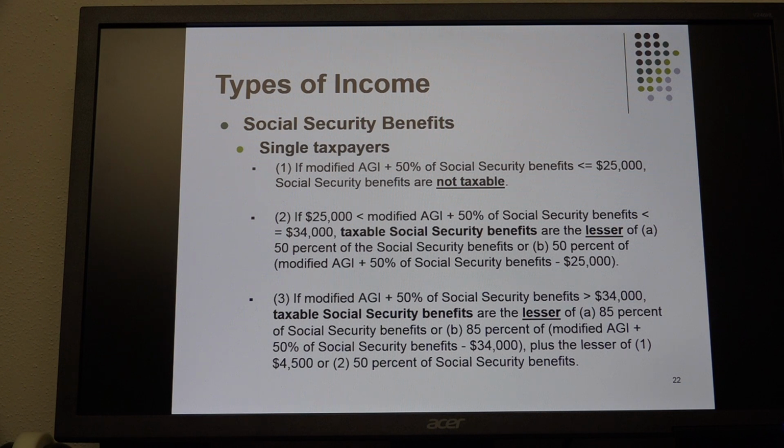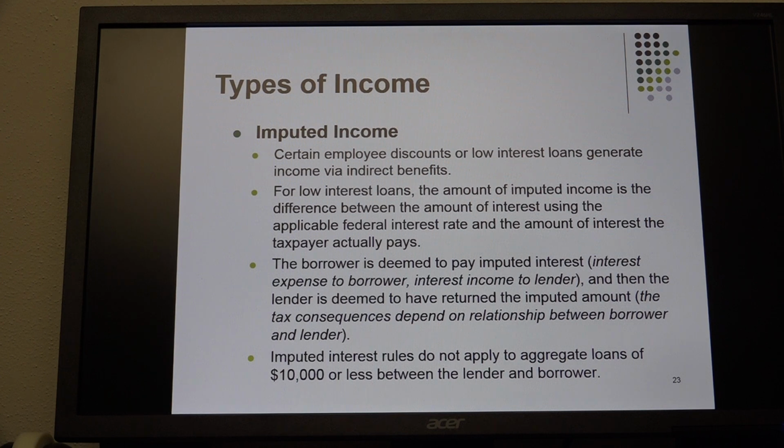You've got to be pretty low income for it to not be taxable, and then if you're at this certain level between, then you might be taxed at 50%, and then if you're over a certain amount, 34,000, then you might have to include 85% of your Social Security benefits in gross income.